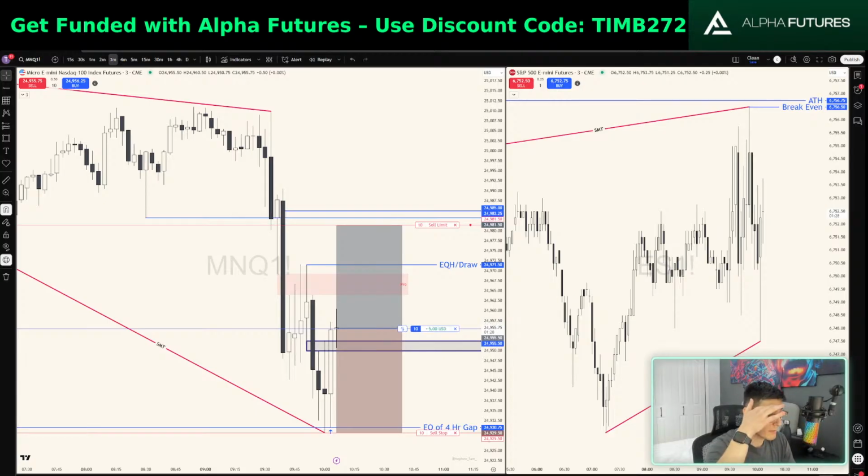So it looks like we came back, we retested that inversion, moving up a little bit right now. Still pretty much at break even though.